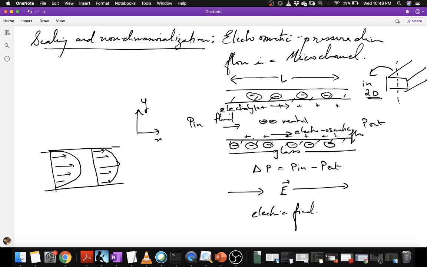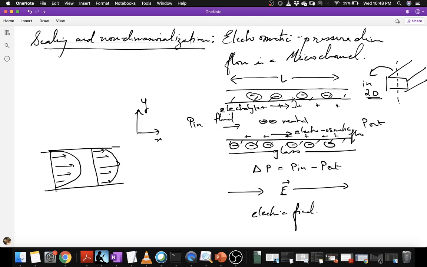But it turns out that the dynamics of this charge distribution field is much faster than the timescale at which the flow evolves. Essentially, that means even if these charges move around by the flow, this electric double layer reforms almost instantaneously. So to a very good approximation, you can assume that the positive charges have a certain thickness in the double layer, and that's a constant thickness layer. And then all you have to do is account for the flow in this fixed layer.